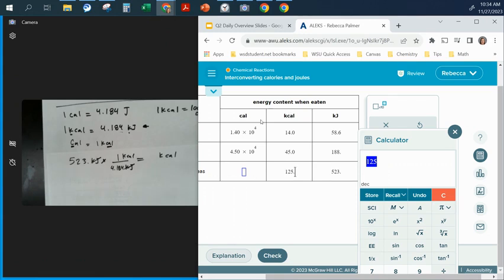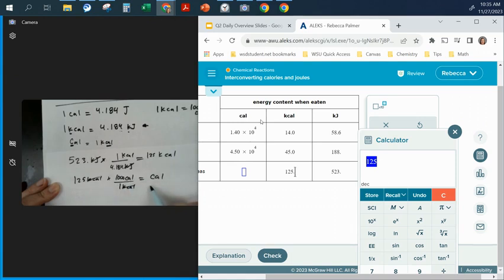Let's write that one out just for fun. So 125 kilocalories, we need to end up with calories. So calories needs to go on the top. We have 1,000 calories for 1 kilocalorie. So kilocalories cancels out.